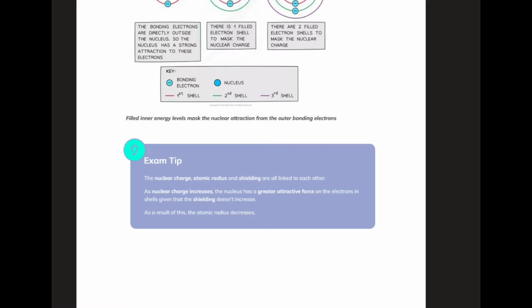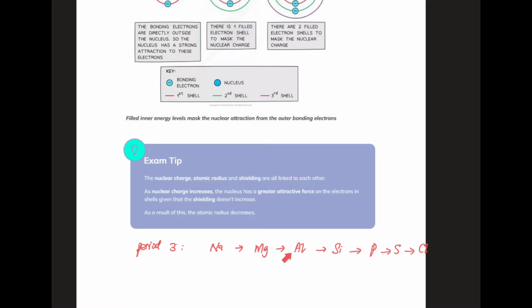So for example, period 3: we have sodium followed by magnesium, aluminium, silicon, phosphorus, sulfur, chlorine, and let's say until here only. They all have three shells.